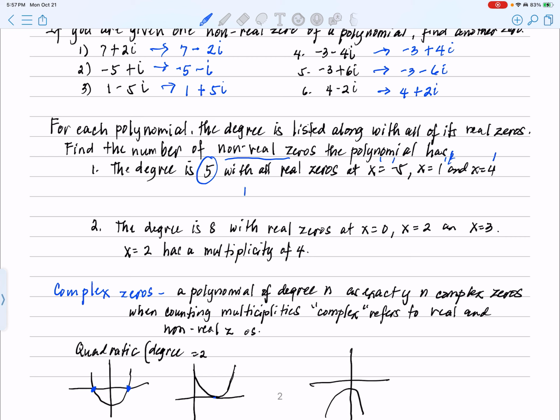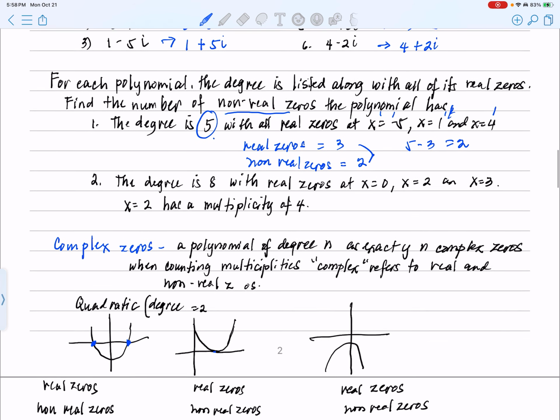So the real zeros, we have 3, and the degree is 5. That means the non-real zeros should be 5 minus 3, that would be 2. So the non-real zeros is 2. When you sum that up, it equals the degree.